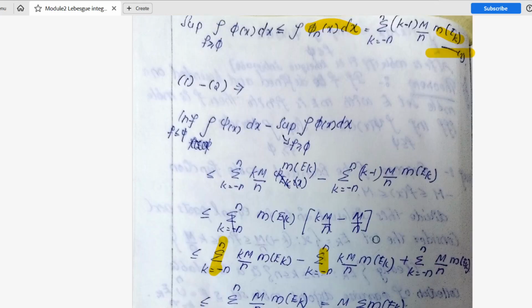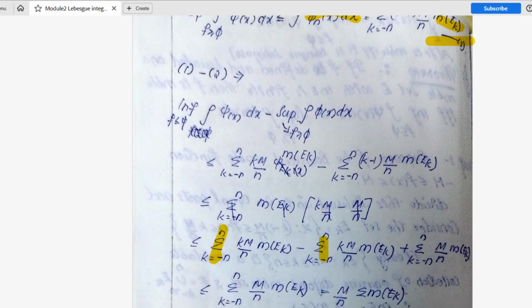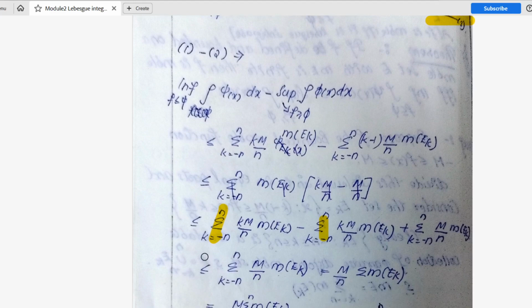K minus 1 ആയതുകൊണ്ട് അതിനെ നമുക്ക് minus 1 separate ചെയ്ത് plus sigma over 1 by n m of Ek. Here this equals sigma of k equal to minus n to n, 1 by n m of Ek. This is equal to 1 by n constant ആണ്, sigma m of Ek വരും.